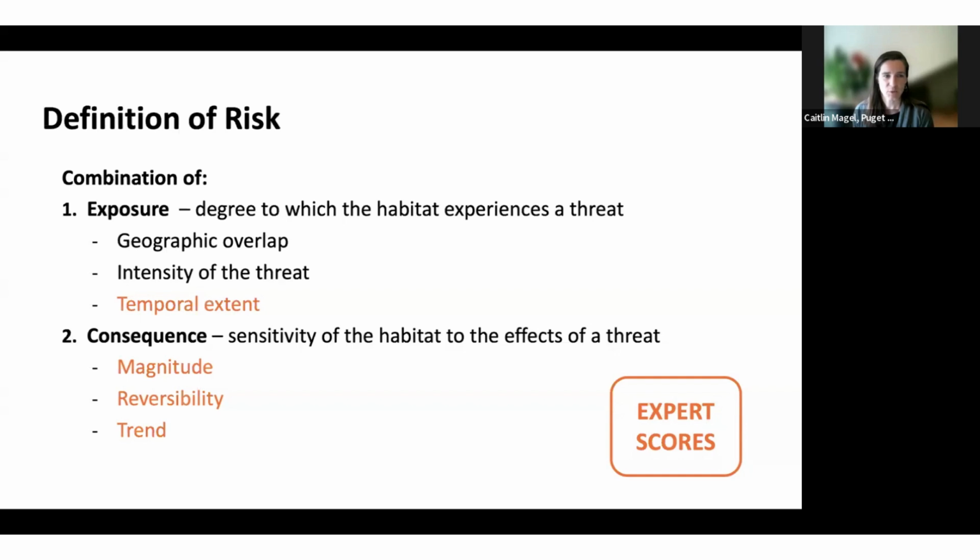And that came from the expert scores. Then for consequence, there were three criteria underlying that: the magnitude or severity rating, the reversibility rating, and the trend into the future rating, all of which were derived from the expert scores.